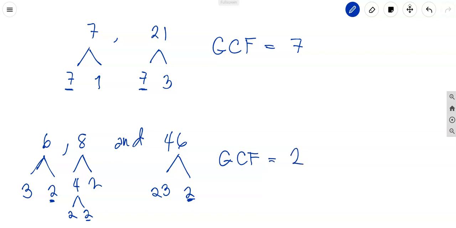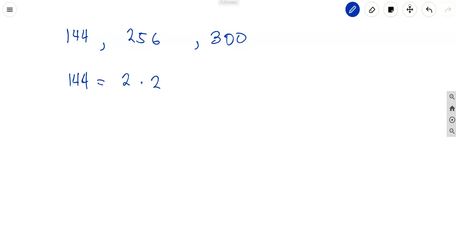Okay, let's try more. Let's say we have 144, 256, and 300. What will be the factors of these three? For 144, we will have 2 times 2 times 2 times 3 times 3.